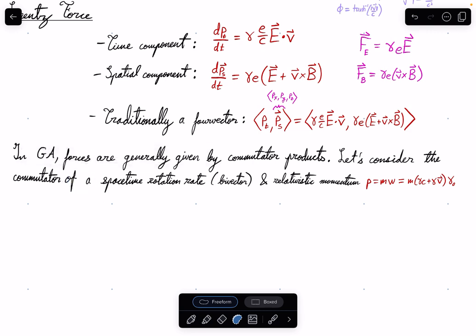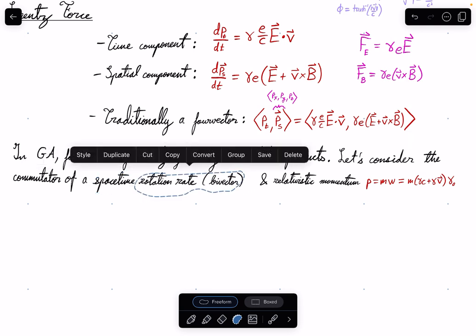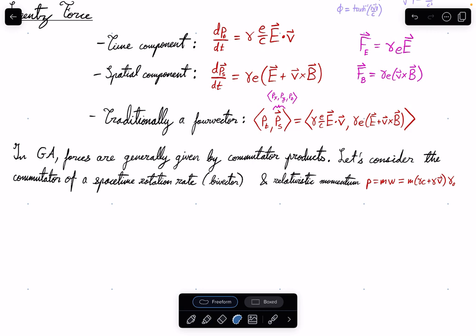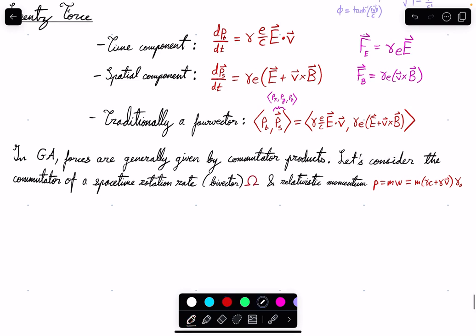Let's move things a little bit this way, just so I can write this. So we can have a spacetime rotation rate.